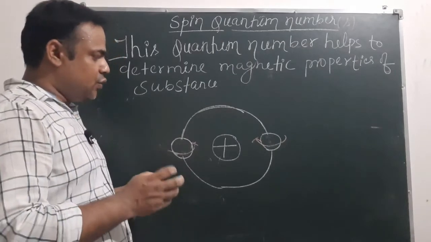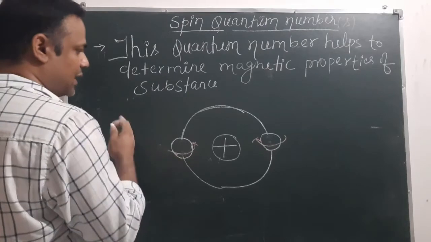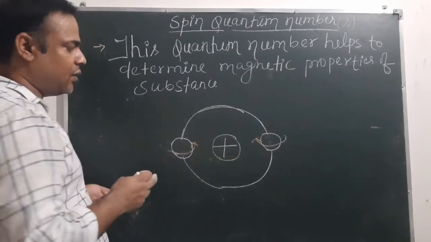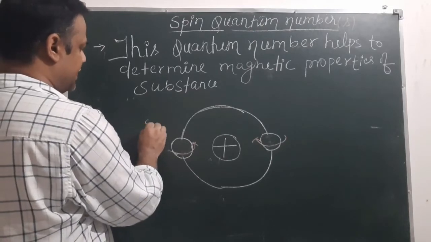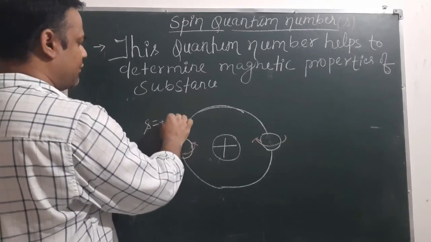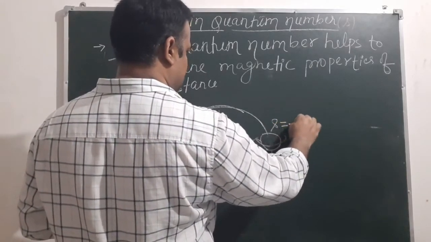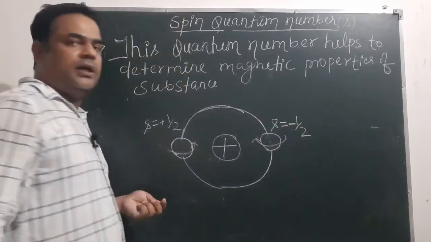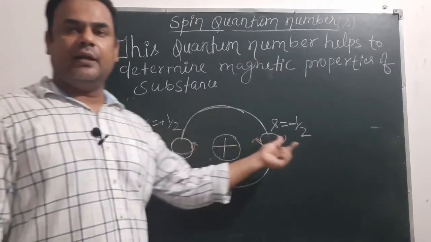Due to this, there are two quantum numbers for clockwise and anti-clockwise. For anti-clockwise, it is represented as s equals plus half, and for clockwise, it is represented as minus half. So there are two spin quantum numbers, plus half and minus half.